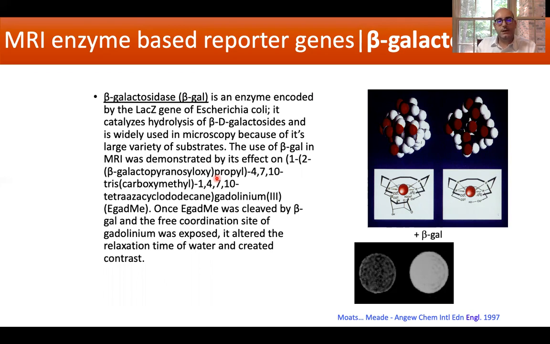It catalyzes the hydrolysis of beta-galactosides, and it is widely used in microscopy. This enzyme has been used as a reporter gene for over 50 years, mostly due to the colorimetric reaction that you can produce with the right substrate, for example, X-gal.